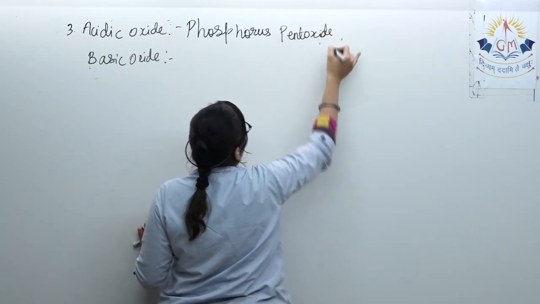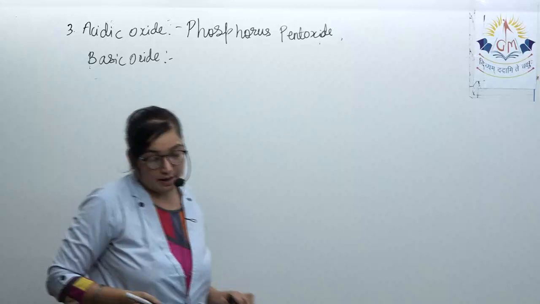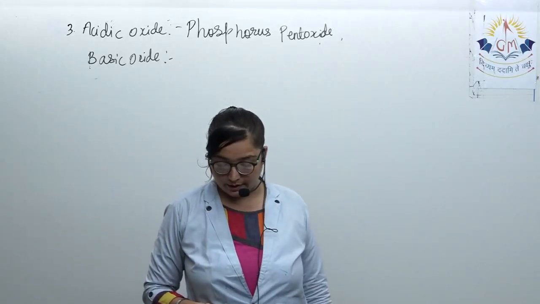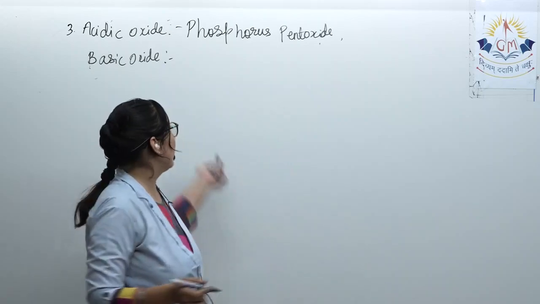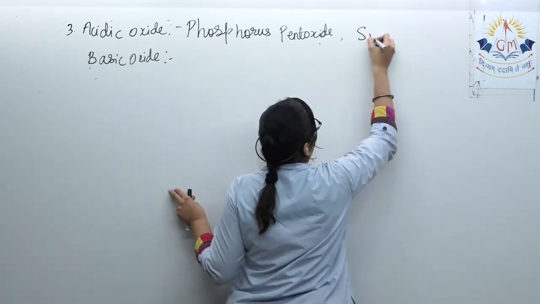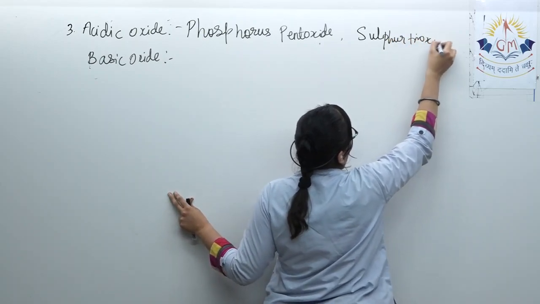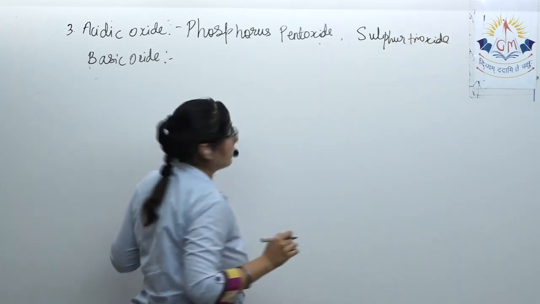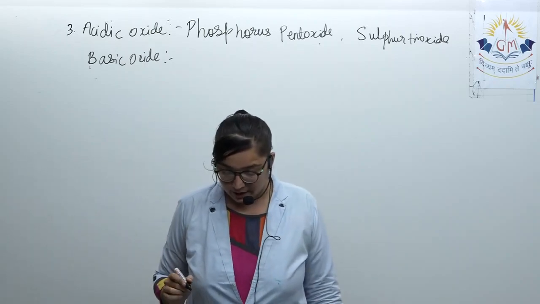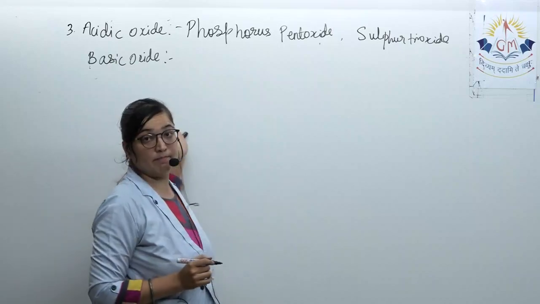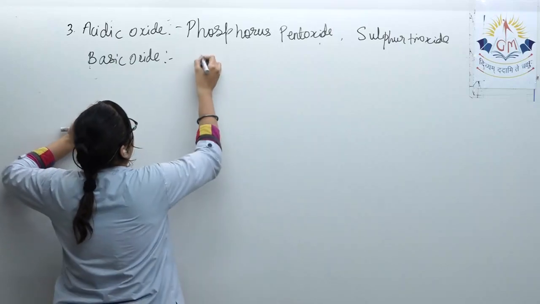Coming to the next particular question, sulfur trioxide. Again, sulfur is what? It is a non-metal. So here we have it as acidic. Coming to the next one, sodium oxide. What is sodium? It is a metal, so basic oxide.